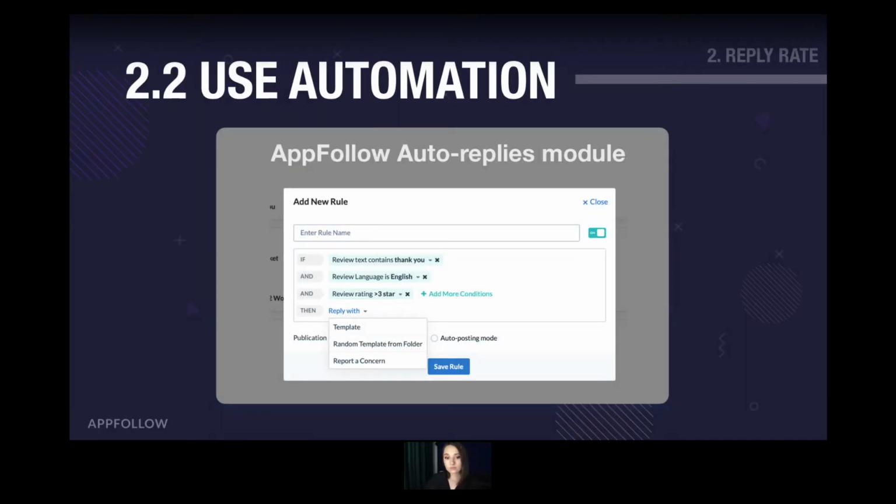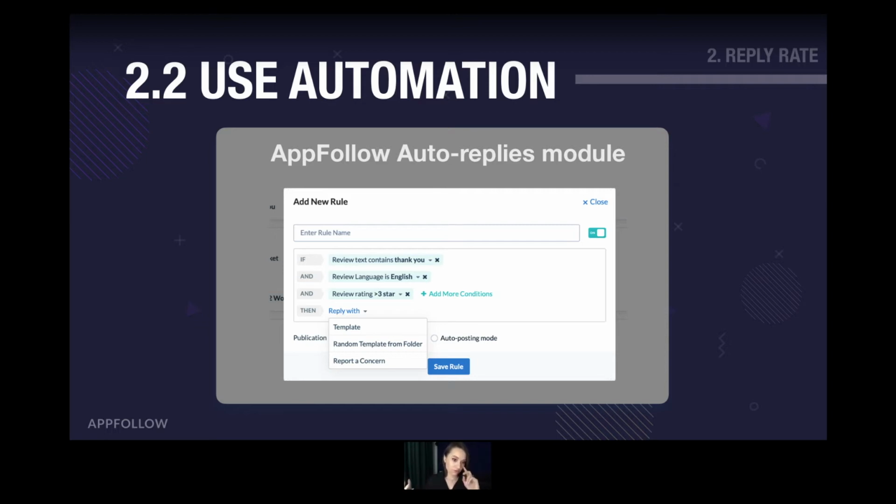Right, so the auto replies module in AppFollow looks like this. I think we covered part of this, but again, it's if-then. There are a number of conditions you can use, starting from the keywords of the review text, the keywords in the translation, so that in case you don't speak, for example, Chinese, the review language, how high the rating is, how many words are in the text, and a number of other rules, which provide you with tools to really pinpoint which reviews you want to automate.